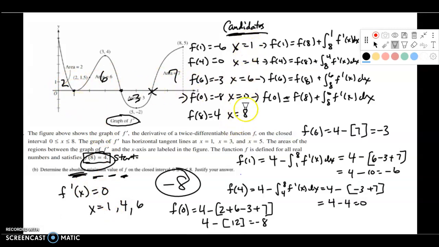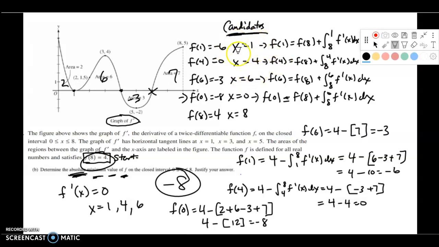Now, what you could have done, instead of finding its y value, is you could have written next to x equals 4, well, at x equals 4, f prime changes from positive to negative. It's a relative max, so it can't be the absolute min, or it can't have the absolute minimum value. That would be acceptable, okay?